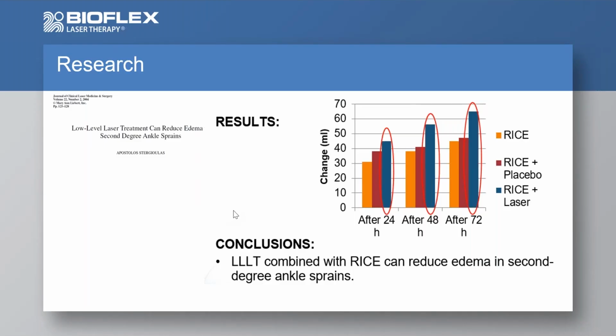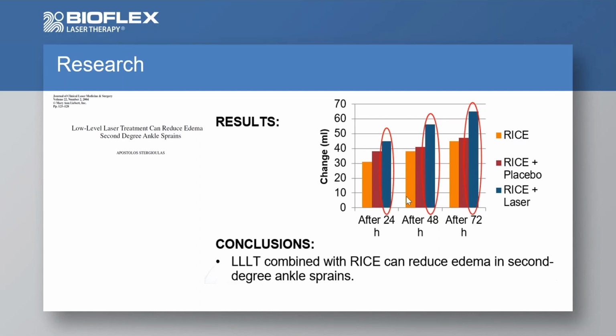When you look at the results, it was pretty clear. The orange is the RICE, the red is the RICE and placebo, and the blue is the RICE and the laser. And you can see the change in volume in milliliters after 24, 48, and 72 hours.